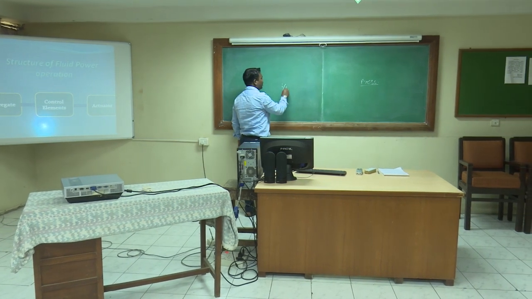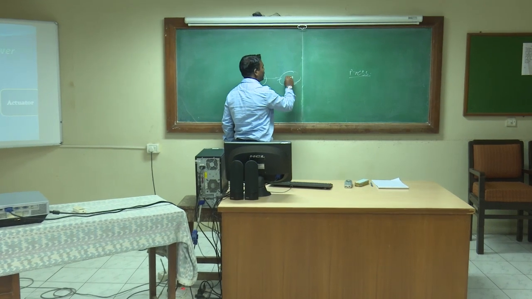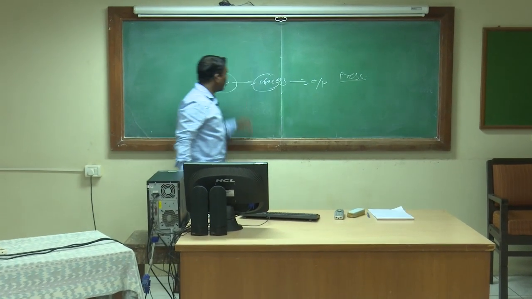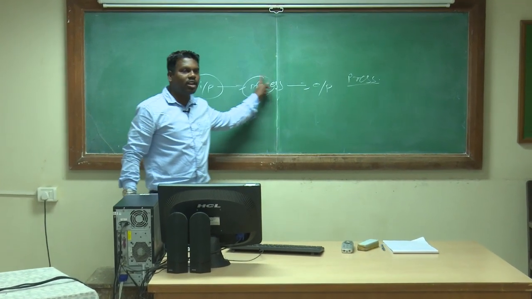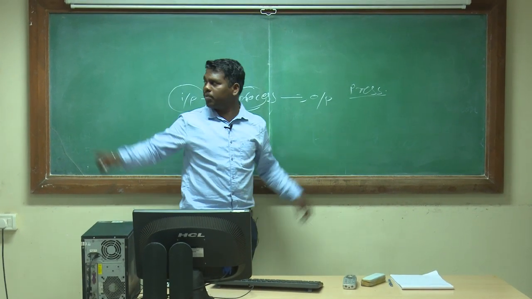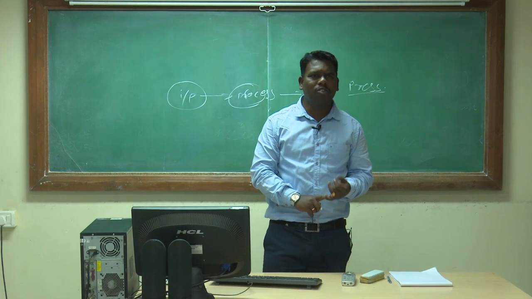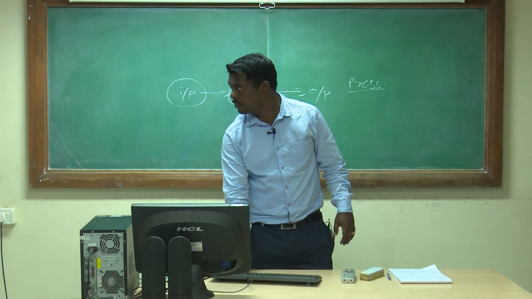So first there is input, second the process, and finally we get output. Here the input is your aggregate, the process is the control elements, which all come under the category of process, and the output is your actuator. The actuator may be of any type, whether a linear actuator or a rotary actuator. So this is all about fluid power.